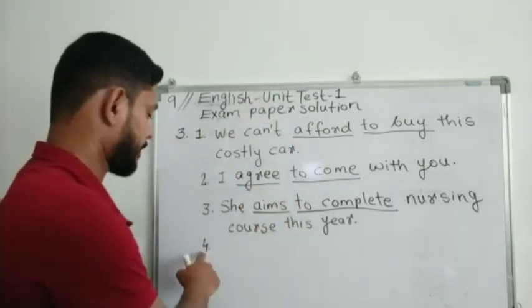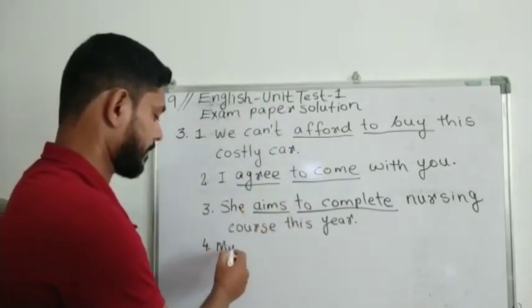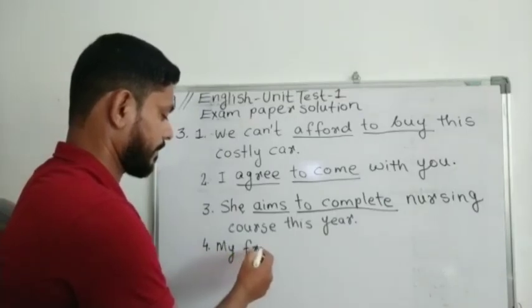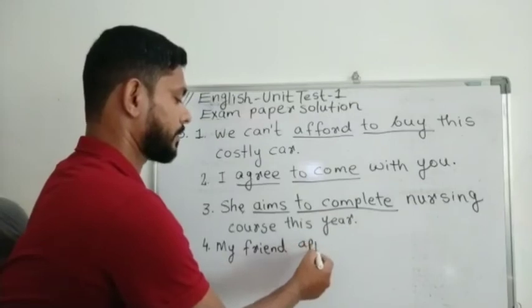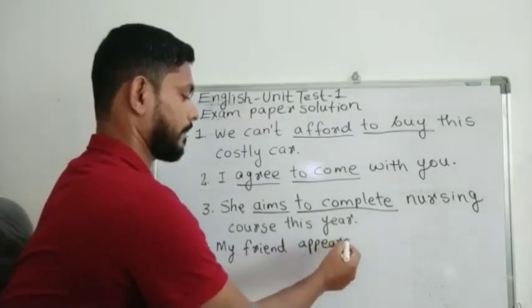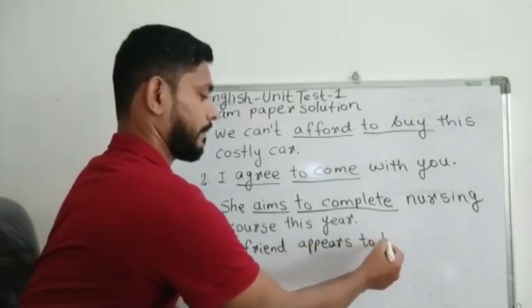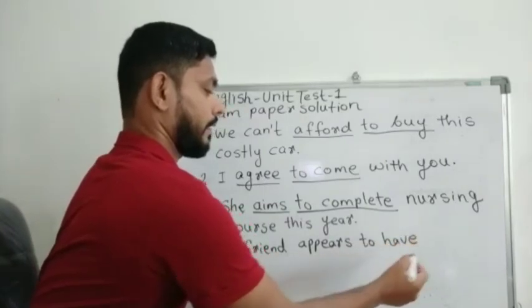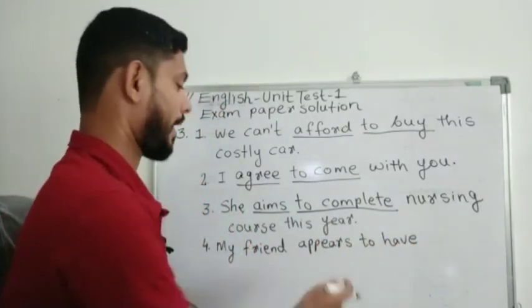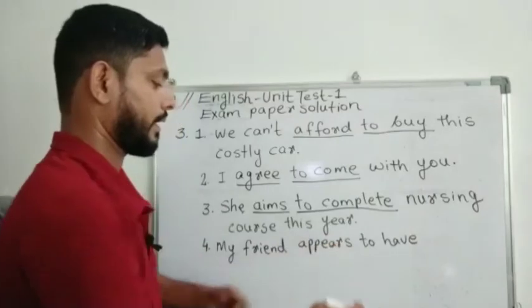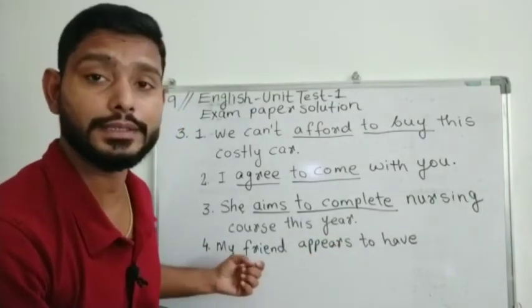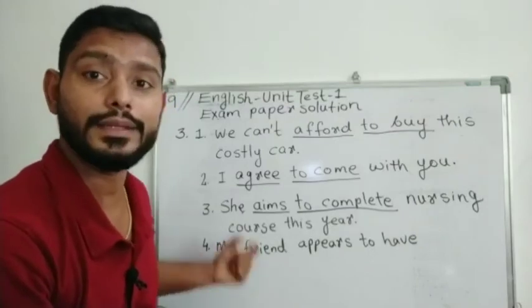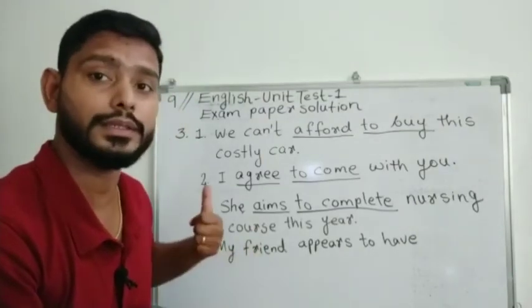My friend appears to have some problems in his life. Why did appears come? Because the subject is in third person singular, my friend, one person.